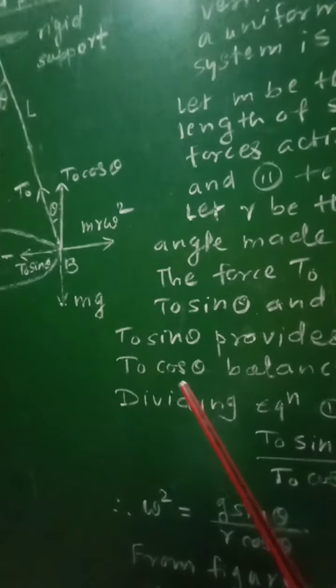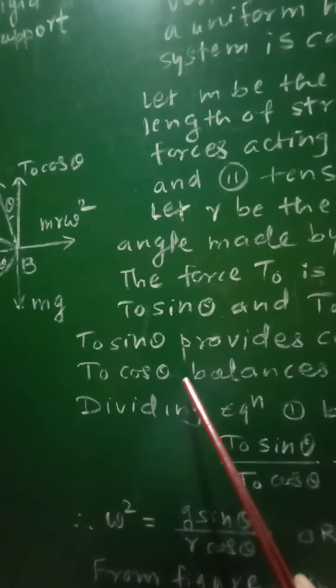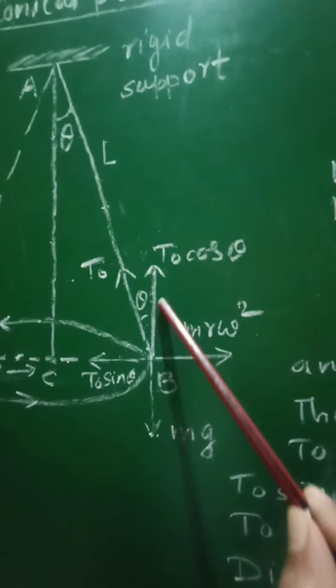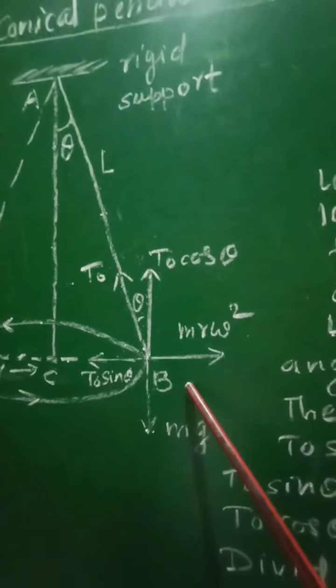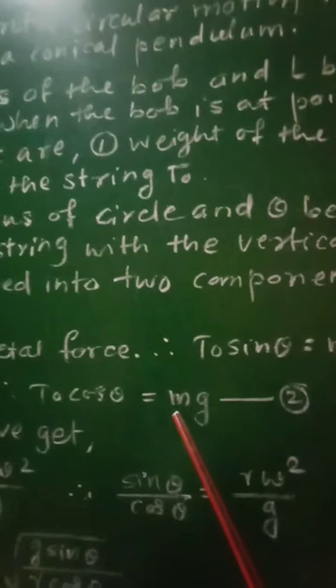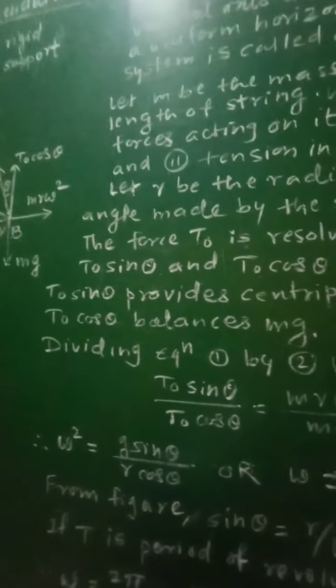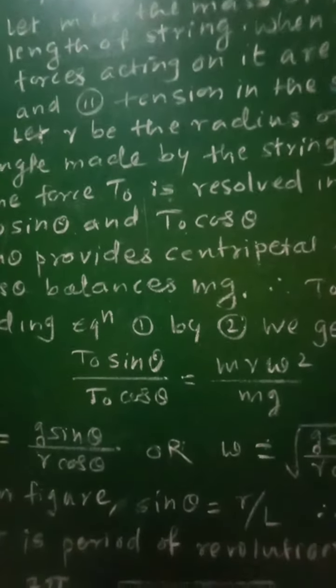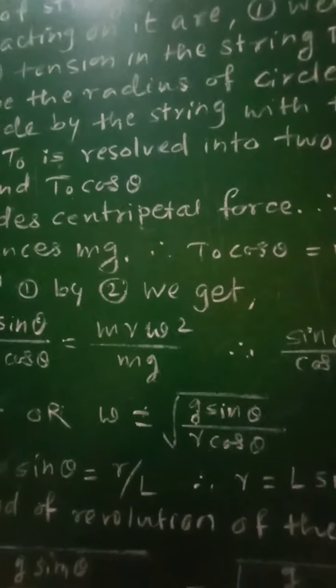While another component T0 cos theta, which is directed upwards in the opposite direction of mg, will balance mg, and therefore T0 cos theta equal to mg, equation number 2. Now dividing equation 1 by 2, we will get T0 sin theta upon T0 cos theta equal to m r omega square upon mg.